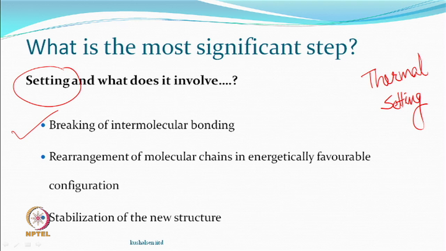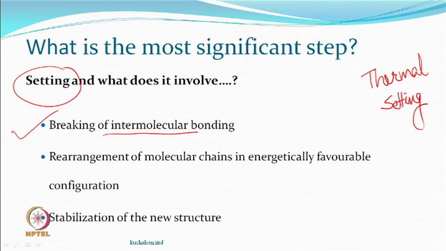Then the first thing that must happen is breaking of intermolecular bonds. If these bonds are very strong and they do not break under whatever conditions that you set, there will be no change. That means the molecules within the fiber are going to change their positions. Before that, we were talking about filaments migrating, getting set and so on. Now we are talking about what exactly may be happening.